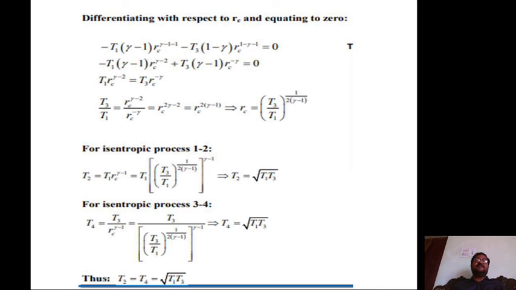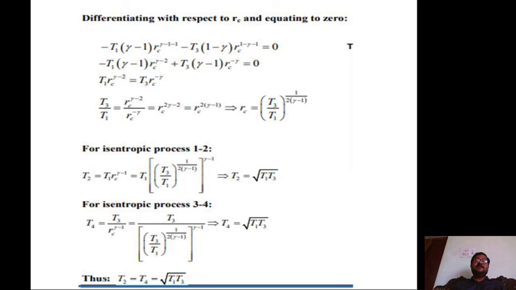Or else, for the isentropic process, T2 is equal to T1 Rc to the power of gamma minus 1. If you take T1 outside, you will get T3 by T1 raised to the power of 1 by 2 into gamma minus 1, all raised to the power of gamma minus 1. T2 is equal to root of T1 T3.